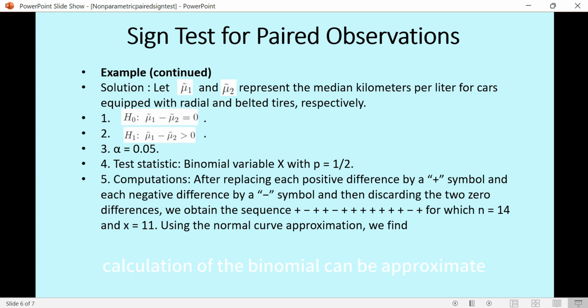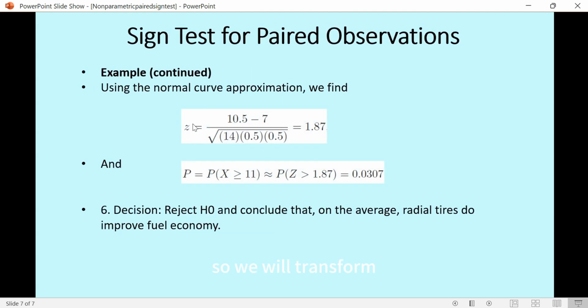The binomial calculation can be approximated with the normal distribution, so we transform the binomial value to a z value in the standard normal distribution. We use 10.5 because we treat this as a continuous value.